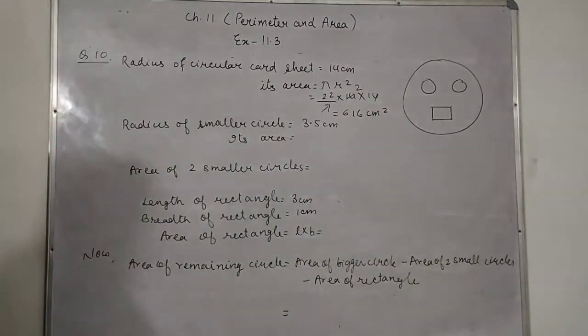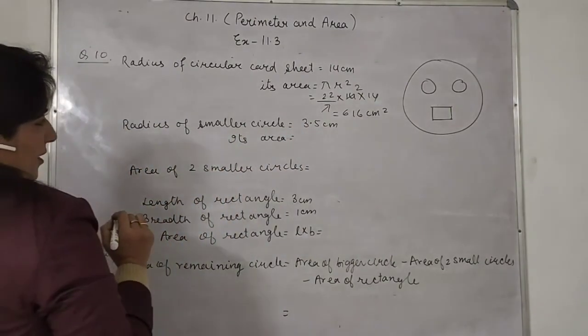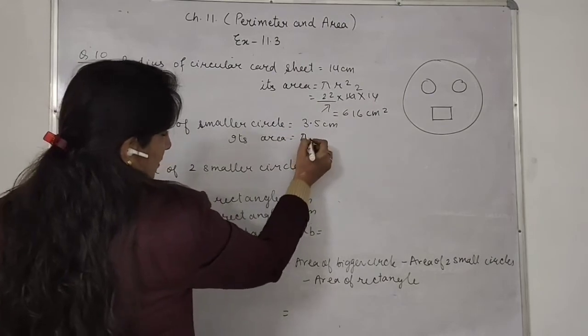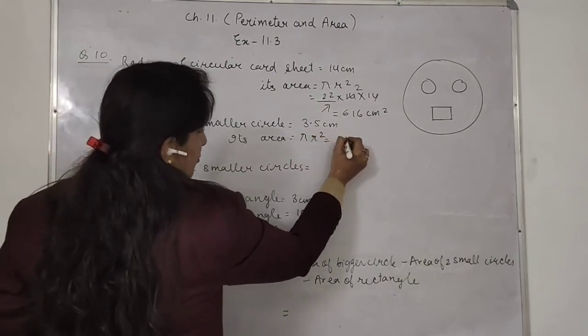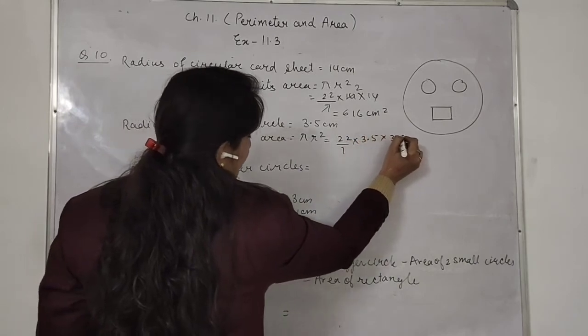Now we need to calculate for the smaller circle. 3.5 centimeter is the radius which is given, and its area uses the same formula as it is a circle. So pi r square, 22 by 7 multiplied by 3.5 multiplied by 3.5.